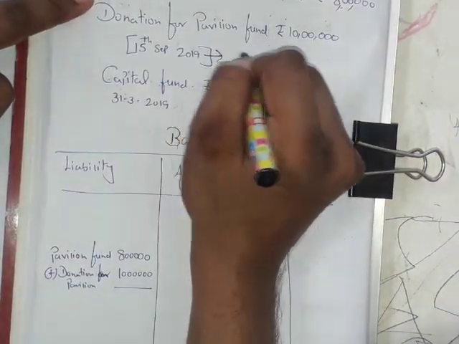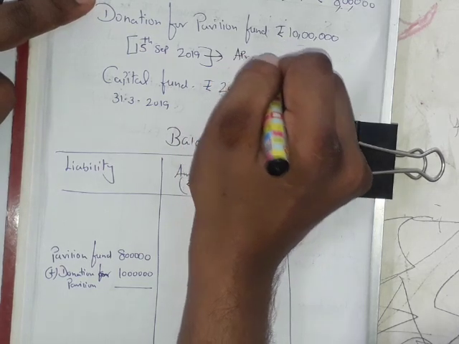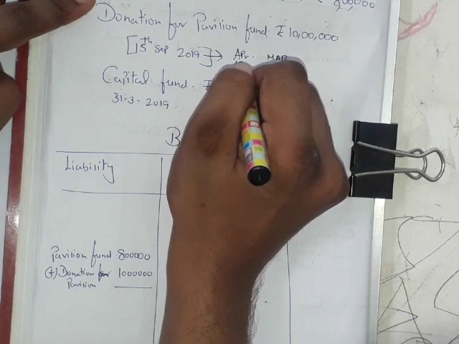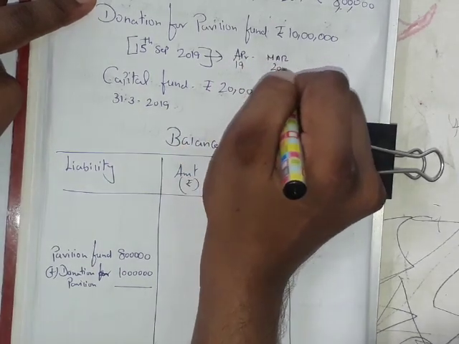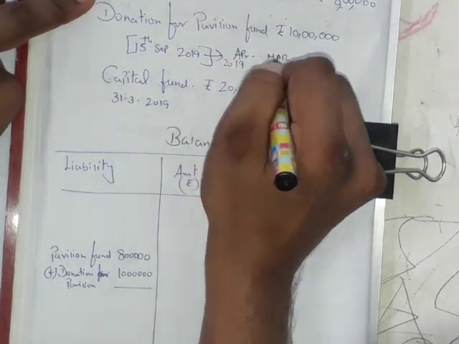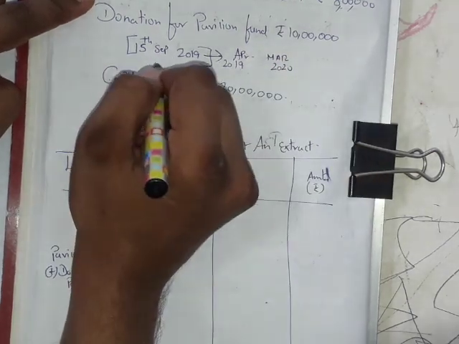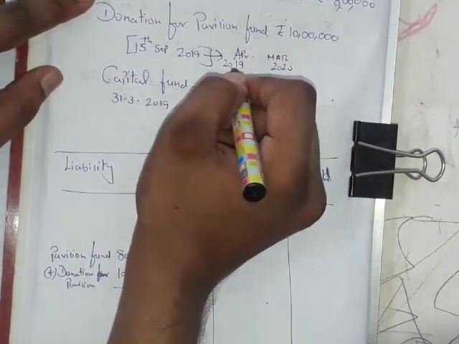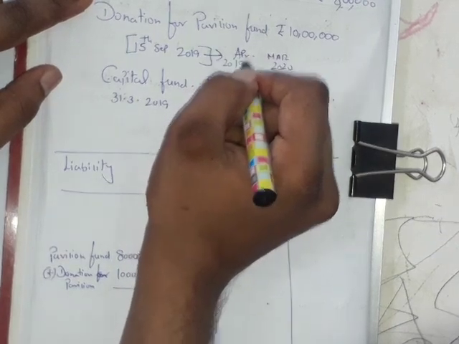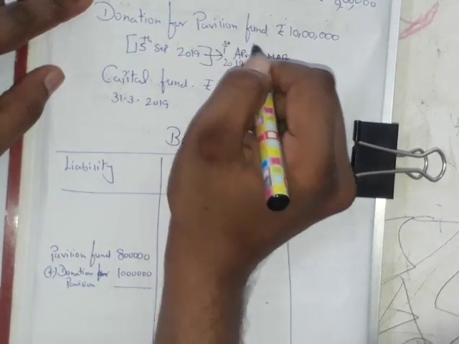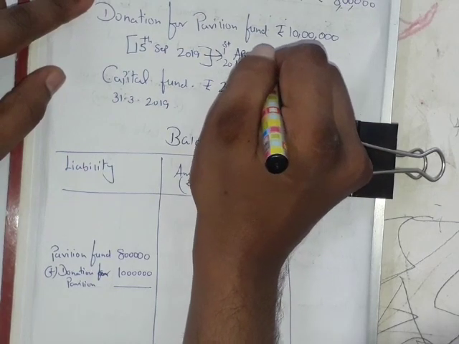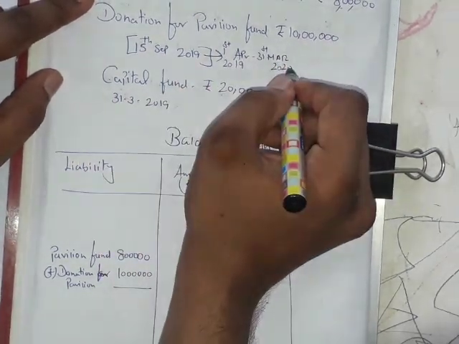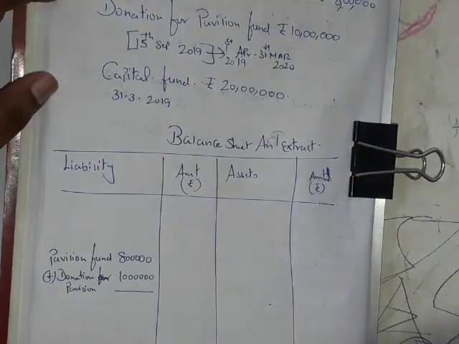This falls in the period of April 2019 to March 2020. Am I clear to you? So this 15th September 2019 falls under the financial year 1st April 2019 till 31st of March 2020. So this period is the one which we have to follow.